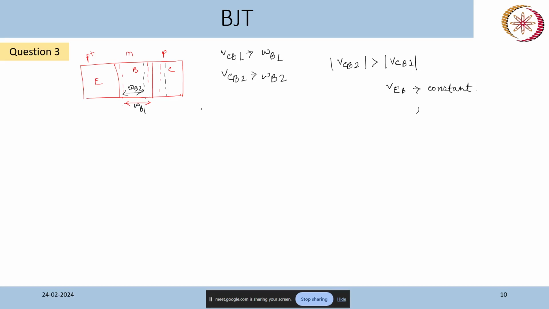Now emitter current, let's take it almost equal to QA dB by WB, B0 exponential AKT.